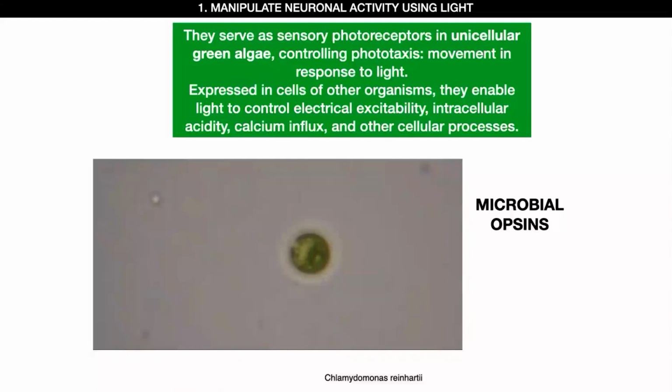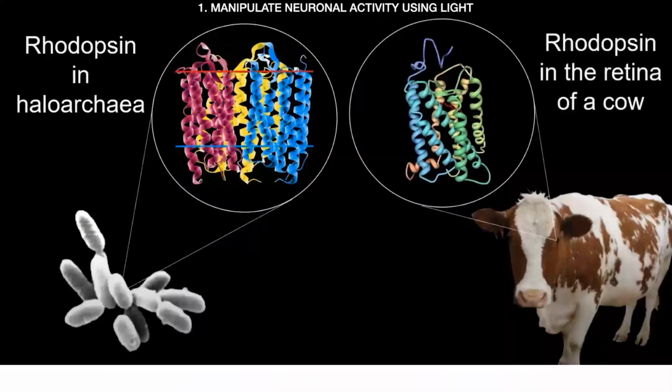Obviously, there are opsins, so photoreceptors, present in different organisms, and they are necessary in these different organisms to control electrical excitability, intracellular acidity, calcium influx, and other cellular processes. So you can think about other types of opsins that are probably already in your mind. Those opsins are present in different types of organisms, including, for example, bacteria, but also mammalian brains.